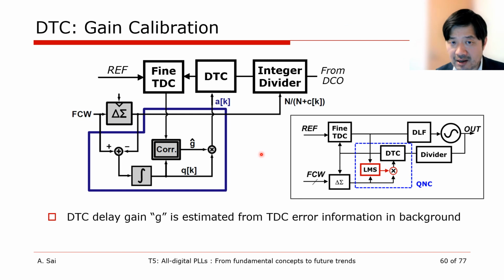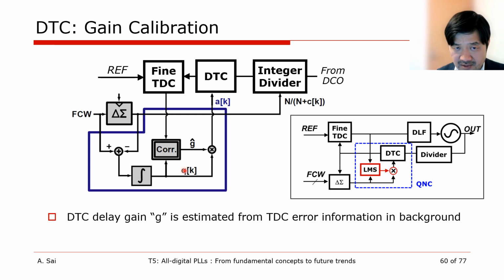TDC full scale error is manifested in the fine TDC output as a phase error signal and as a scaled version of the accumulated quantization noise, QK.